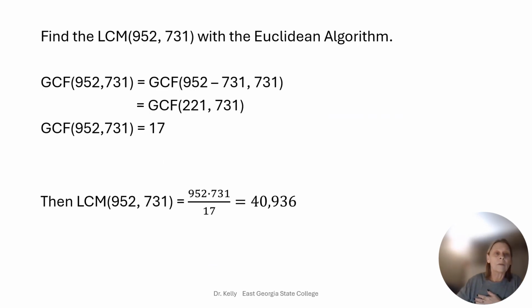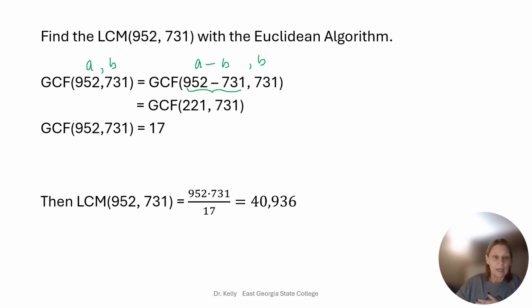Okay, find the LCM of 952 and 731 using the Euclidean algorithm. First I have the GCF written here, and then I've done the subtraction. Remember that this is A and this is B, so I can do this A minus B comma B step, and I can repeatedly do that until there is a number smaller than I can subtract from.